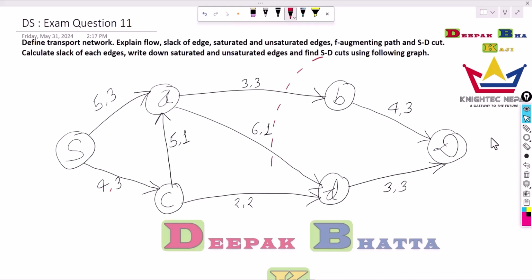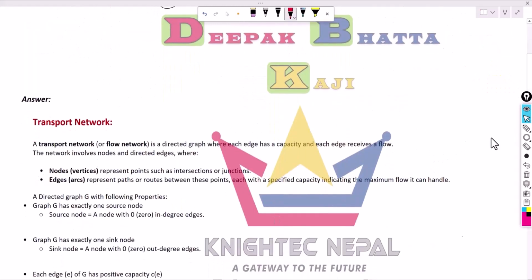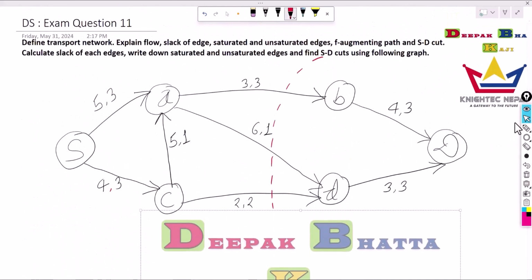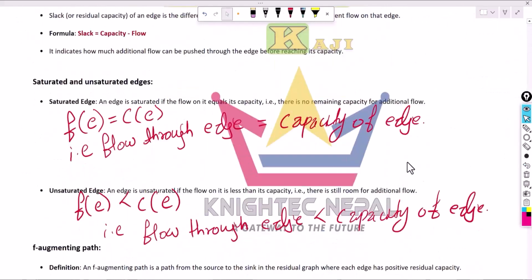So write it in a clear way. Okay, so S to D cut.